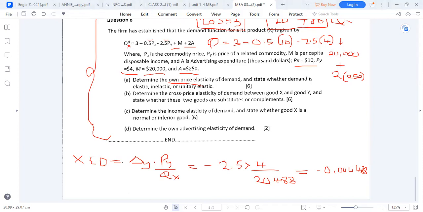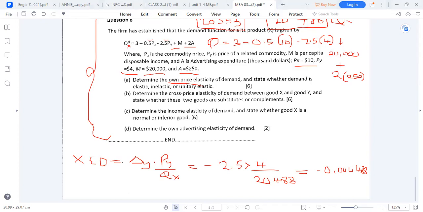Yes. So why is it a complementary good? Because it has got a negative. Okay, because there's a negative, correct. That's a complementary good.